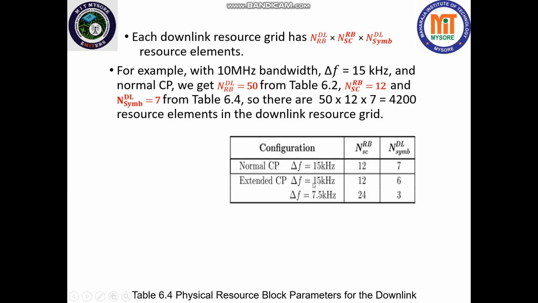You can see over here for delta F is equal to 15 kilohertz with extended cyclic prefix, we will have the number of subcarriers as 12 as earlier, but the number of symbols per subcarrier will now be 6. Here, if delta F I have chosen 7.5 kilohertz, we are going to have the number of subcarriers as 24 and the number of symbols as 3.